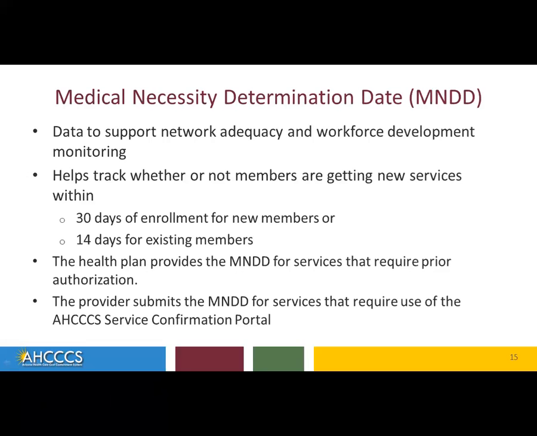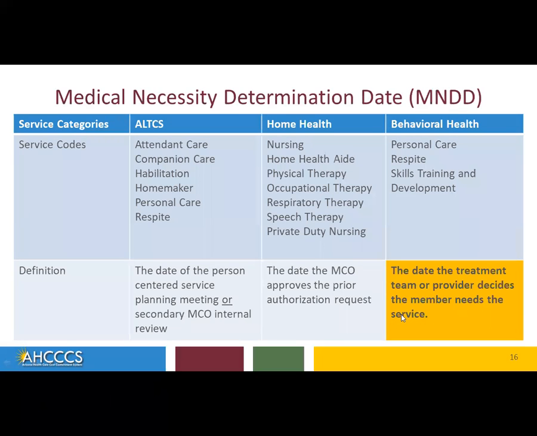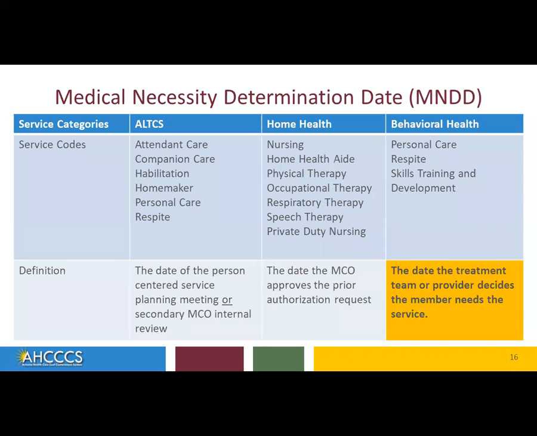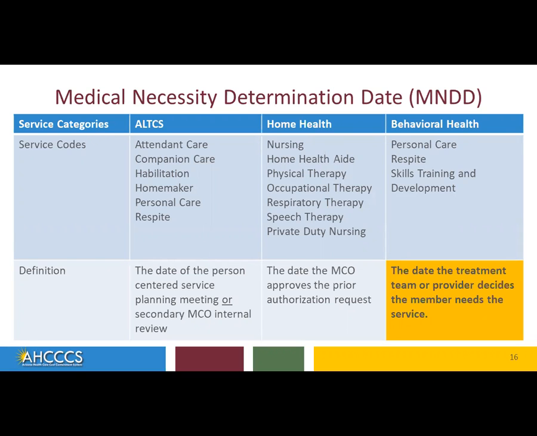Here's a little chart showing how we've defined that date. How do we define when medical necessity was determined? When we talk about EVV services, outside of the personal care and home health care categories under the Cures Act, there are really three general categories.